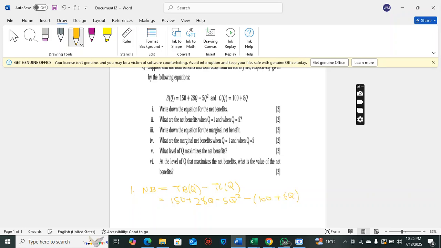So this TB represents the total benefit when you produce a certain amount of units, and TC represents the total cost when you produce a certain amount of units.